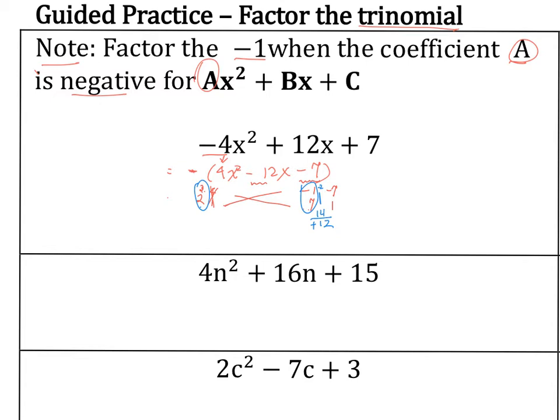And then the reason why I'm explaining this very slowly is because some of you might be very new to this. Okay, so here, 2x minus 1, 2x plus 7. And don't forget the negative sign.